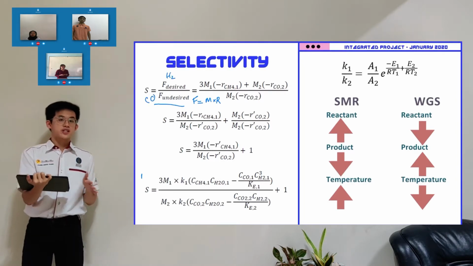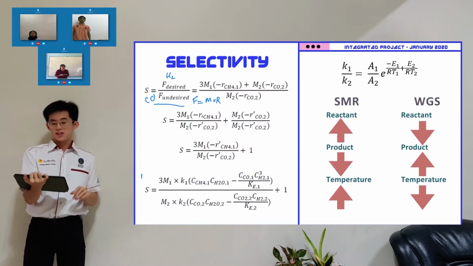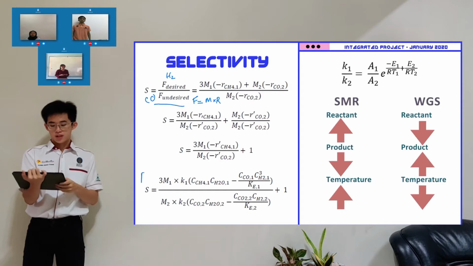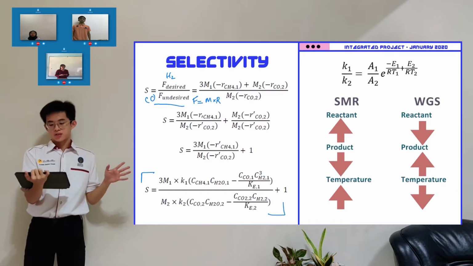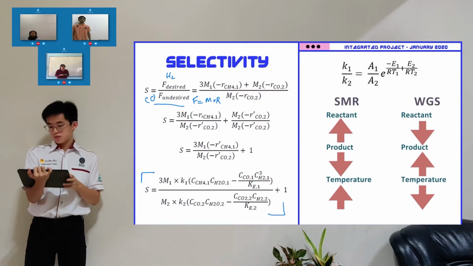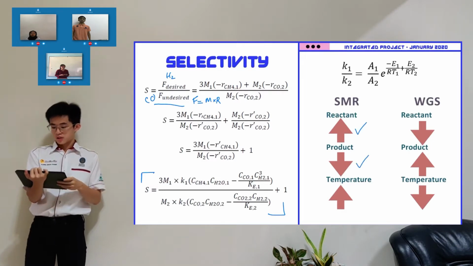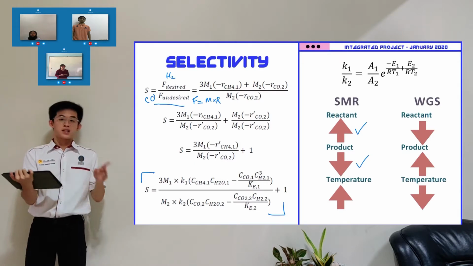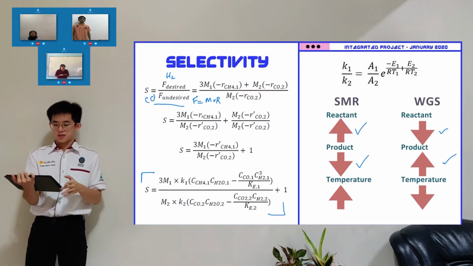Simplifying the equations and then substituting the rate law equations in, this is the final equation that we can obtain. From the equations, we can conclude that the concentration of reactant needs to be kept high while the product must be kept low in the SMR reactor, and it is the other way around for the WGS reactor, to maximize the selectivity.